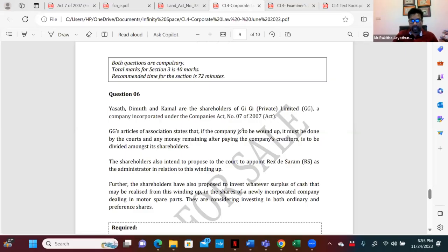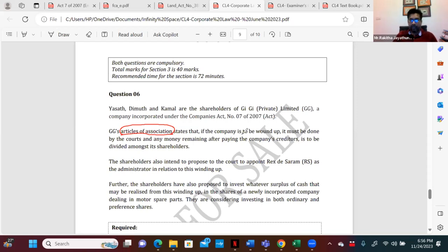Articles of association is the most important document of a company. We call it the constitution of the company. Like we have a constitution in this country, the supreme law of the country, all other laws are subordinate to the constitution. Likewise, in a company the officers and the company itself must always comply with the articles of association because it's the constitution of the company.